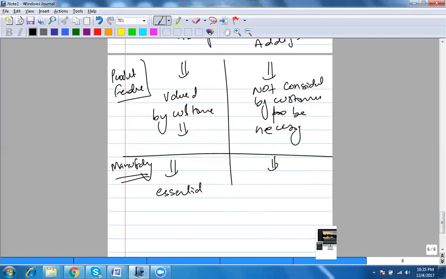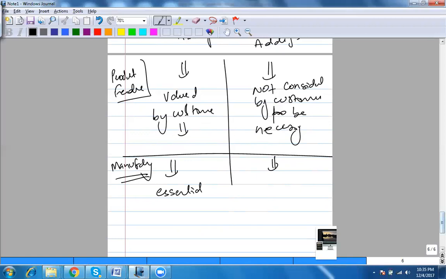So activity-based management involves classifying the activities into value-added and non-value-added. It could be from the perspective of the product, looking at essential and inessential features, or from the perspective of manufacturing, looking at essential and inessential processes.